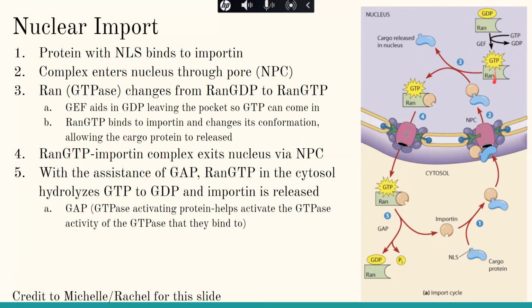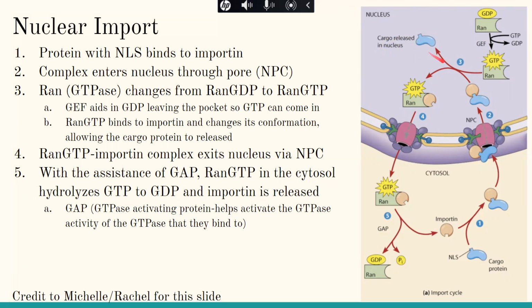So GTP comes in, RAN's now active. So what happens is that RAN GTP, thanks to GEF helping it out, binds to importin, this one, and changes its conformation so that the target protein that needs to get into the nucleus can now be released, and on its own, can go off and do whatever its job is inside of the nucleus.